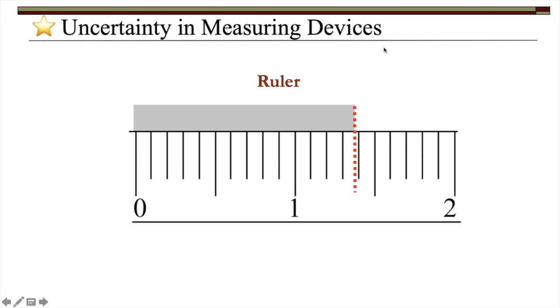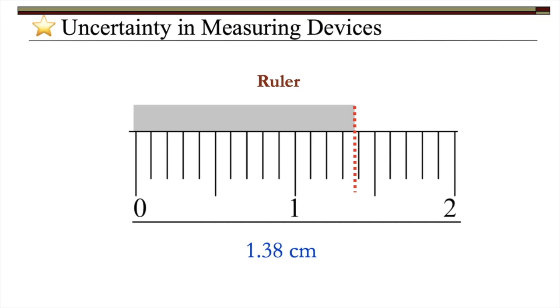So we need to estimate how close to 1.4 centimeters it is. And we do that by tacking on an extra digit. It's our estimated digit. In this case, the easiest way to estimate it is 1.38 centimeters. Now you might have thought maybe it was 1.39.